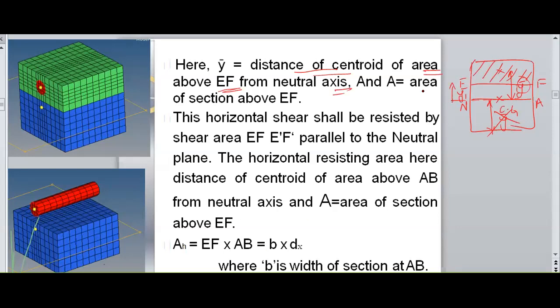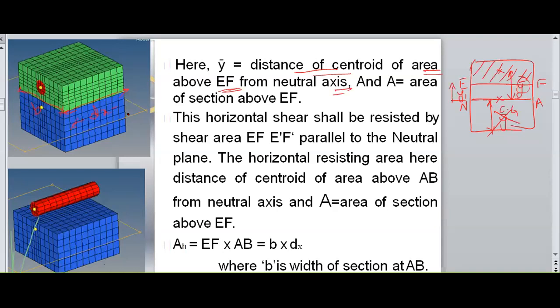So here I need to consider this small area now. This is the area. I need the shear stress now. So this is the width B. This is the width of the beam, and the length of the beam I have considered as dx.